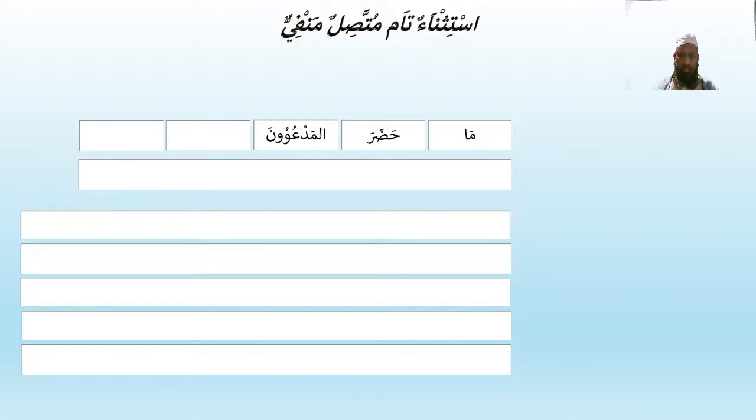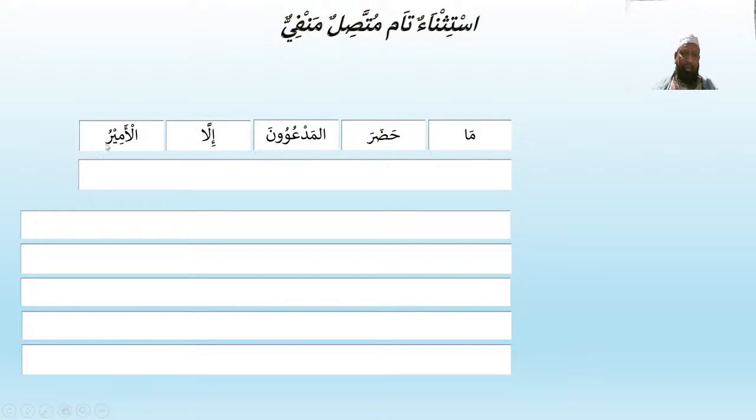ما حضر المدعوون إلا الأمير. So the i'rab of mustasna minhu, as we've said, is marfu, in rafa case.